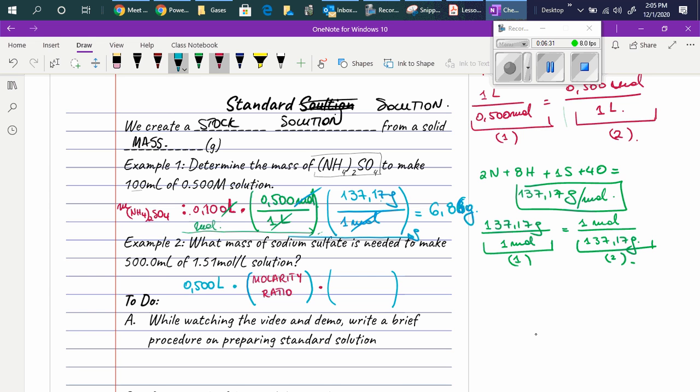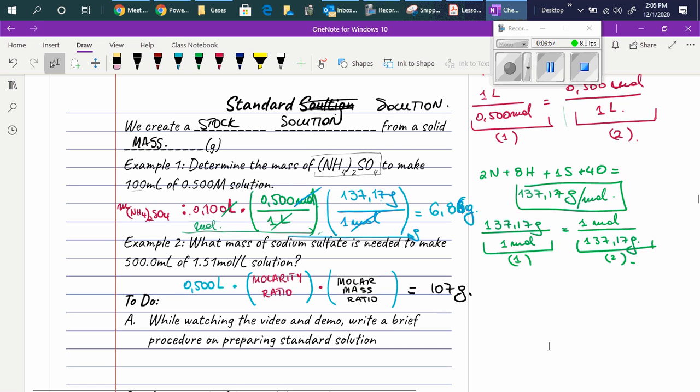Now, in order to figure out grams, use molar mass, and then you will have grams. If you go through those calculations, then you should have 107 grams. You try this on your own.